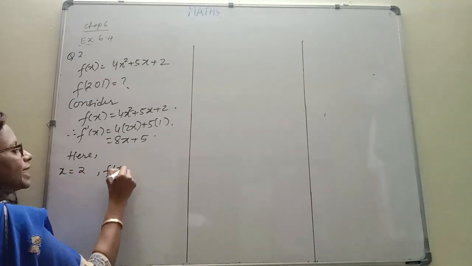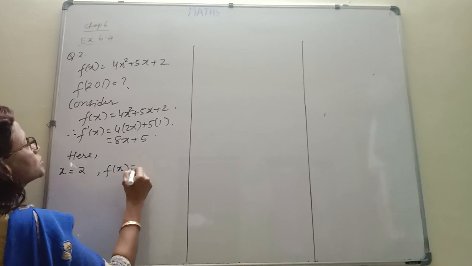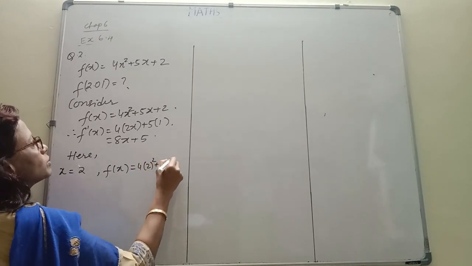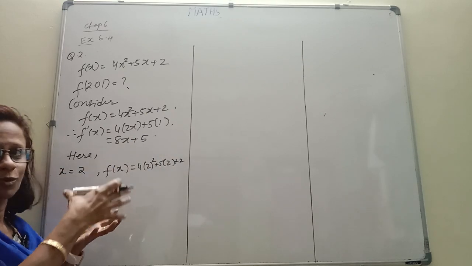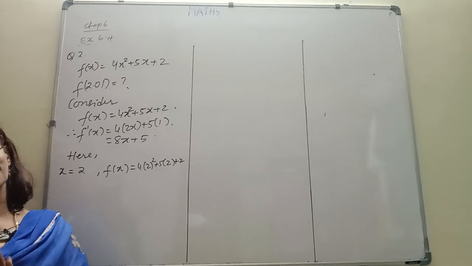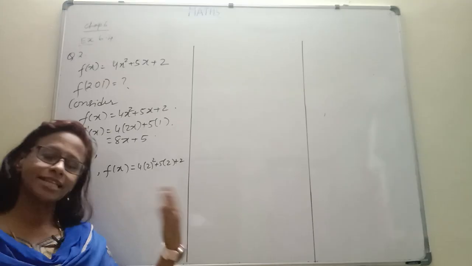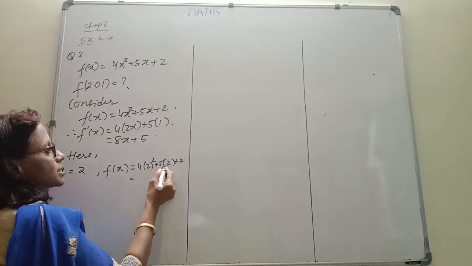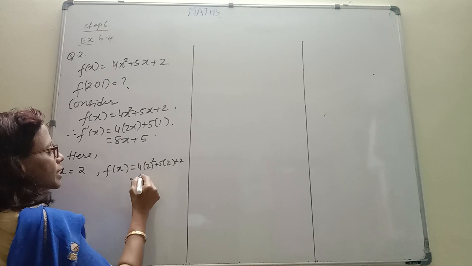So obviously our y now is f of x, and f of x by the definition is 4 into 2 squared plus 5 into 2 plus 2. I hope the change is noticed. In the earlier case, it was y, here it is f of x. It's absolutely the same as we have done before. So let's check what this comes to. This is 4 into 4, 16, plus 10, 26, 28.